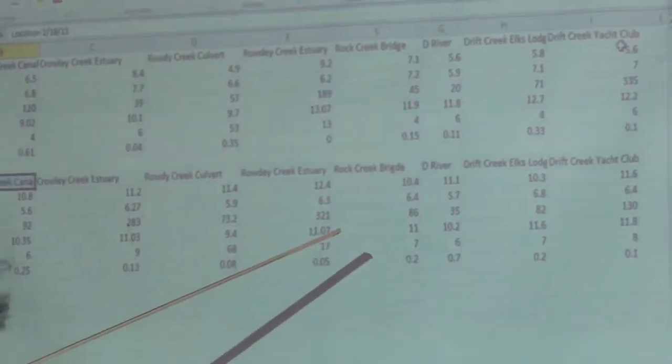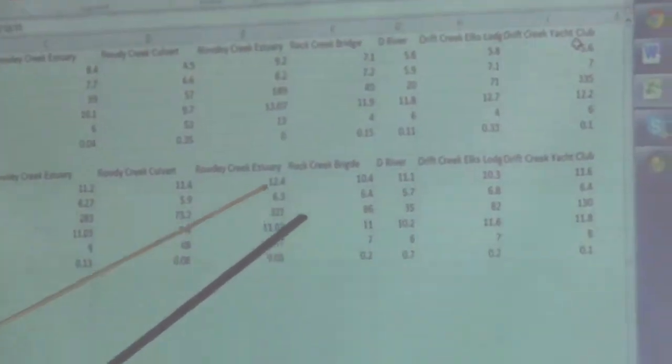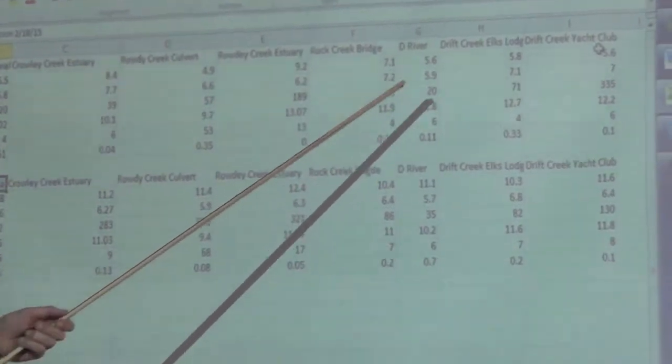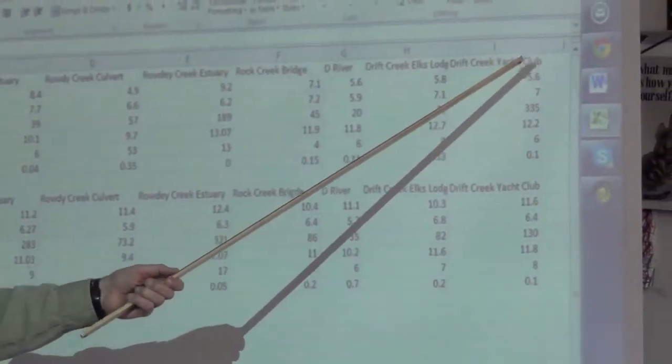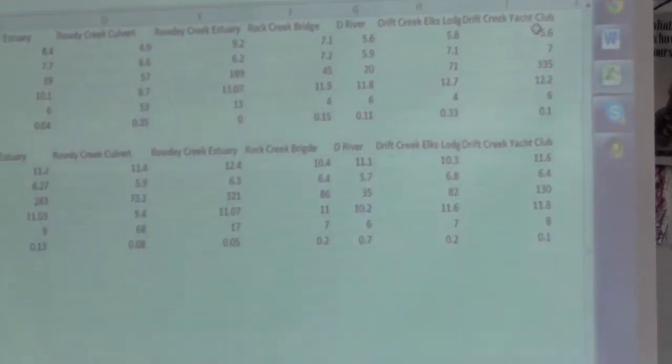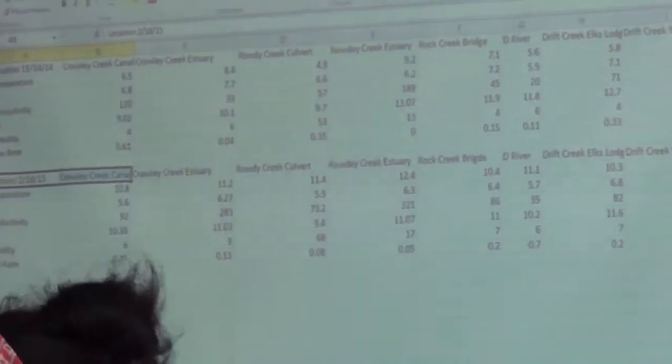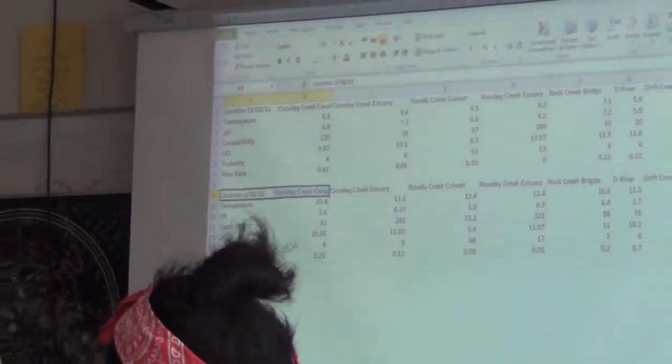That's always real interesting, going over the road versus right there at the mouth of the ocean. Drift Creek Elks Lodge and Drift Creek Yacht Club. And we see the differences, and you might see something that we haven't seen.